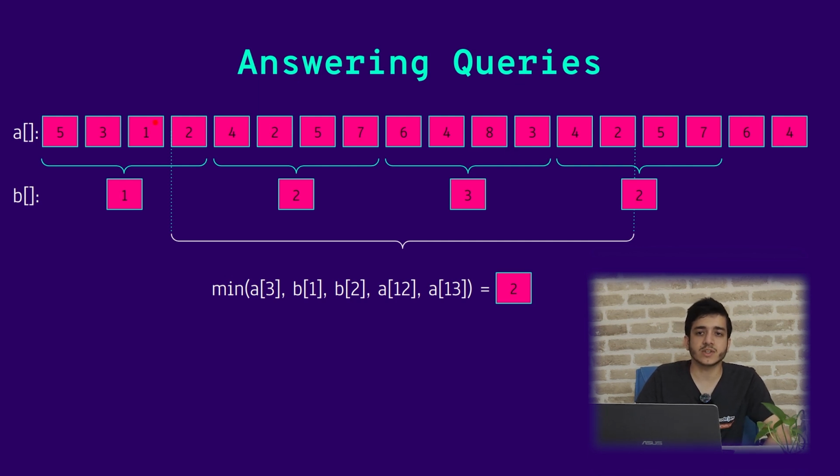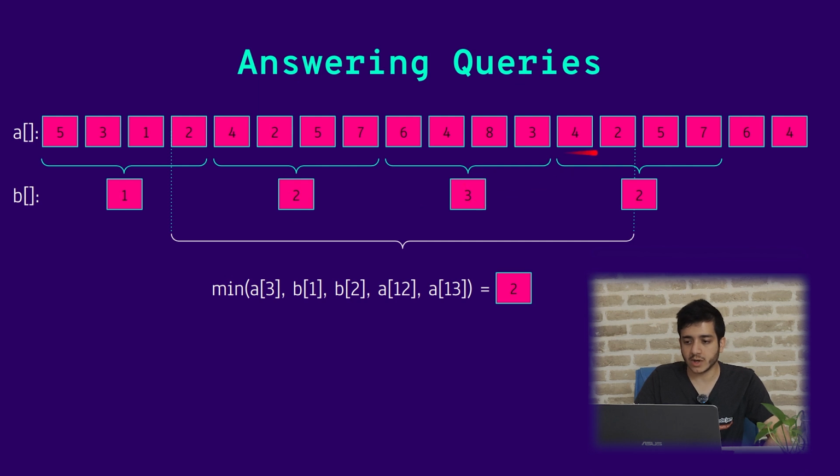We first start with a single element. Here, A3, which is 2. And then we speed up using the blocks, the pre-calculated values like this one, B1 and B2. Here is the array B, the minimum of blocks, and then B1 and then B2.